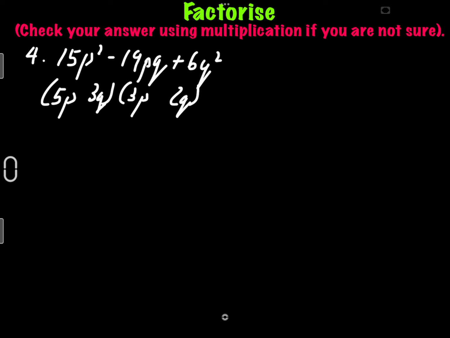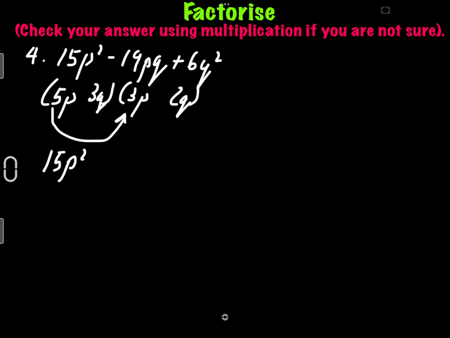Now we want to multiply these factors so that after multiplying, we should be able to get a sum of negative 19pq. In this case, we know that when we multiply 5p by 3p, it gives us 15p squared.